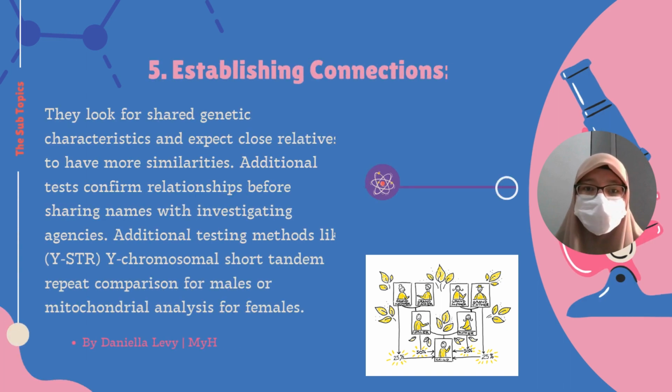For the last point, establishing connection, we look for shared genetic characteristics, and we expect that those who have the same or similar characteristics will be close relatives. Then we do a test called YSTR. It stands for Y chromosomal short tandem repeat for males, and for females we use mitochondrial DNA.